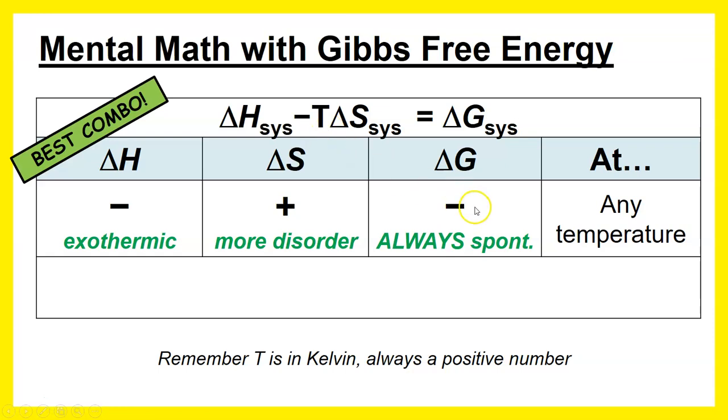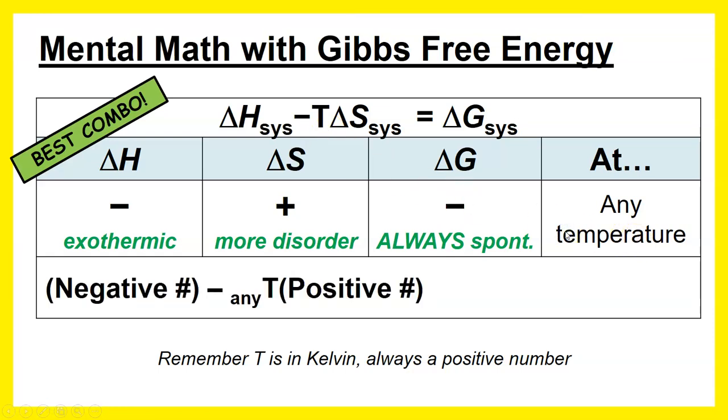So that's a great scenario there. Negative minus any temperature times a positive value for your delta S will always give you a negative. So you can see I don't have to have any actual numbers here, do I? My algebraic signs will only result in one answer, which is spontaneous.